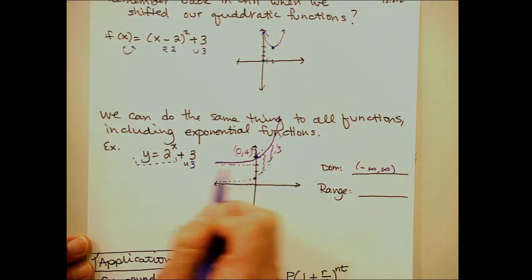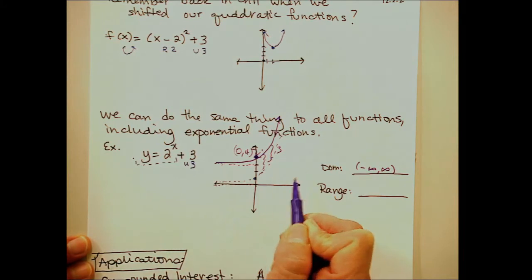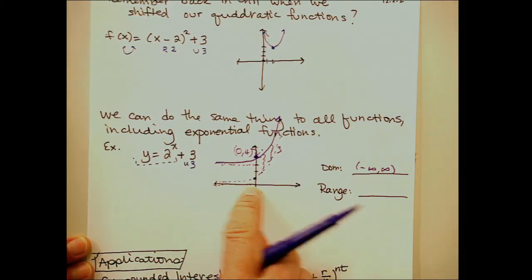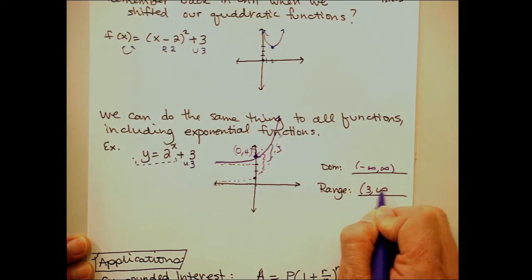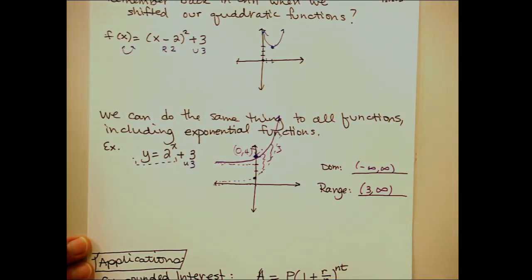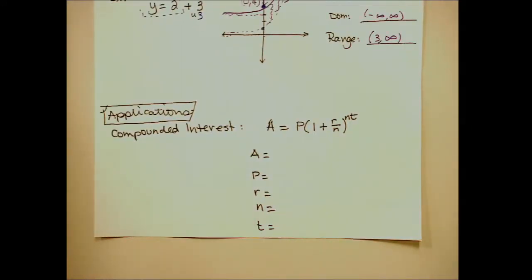But I can't get below 3. It used to be at the x-axis, that got moved up 3, so my new range is going to be 3 to infinity. It used to be 0 to infinity for my unshifted, and I've shifted that up 3, so the 0 moves up 3. Okay, I have an example, and then I'm going to have to go grab a calculator.